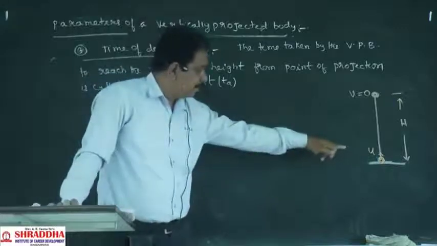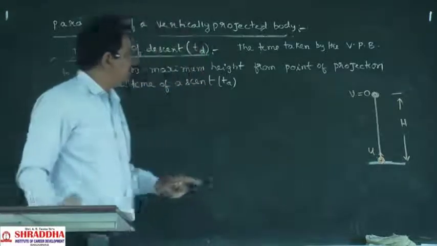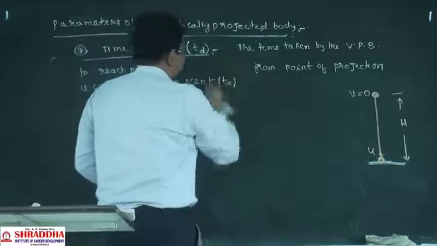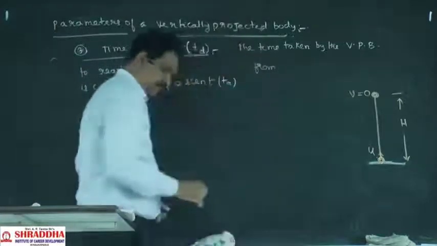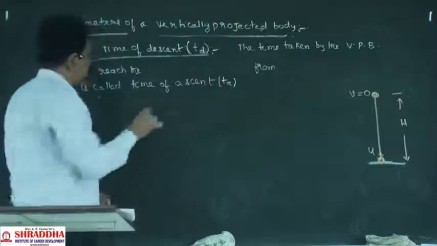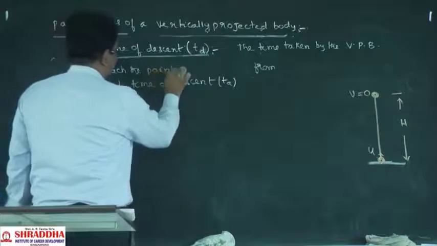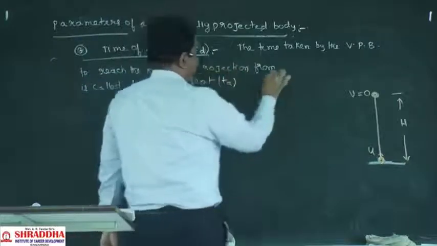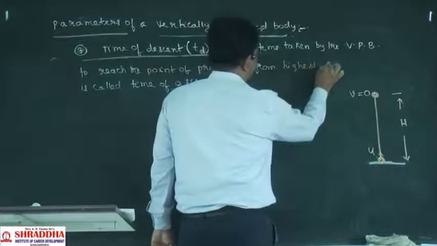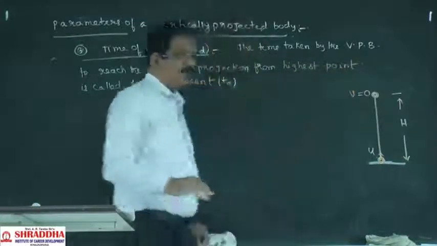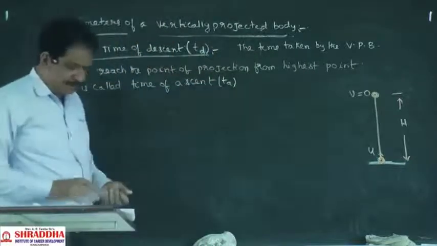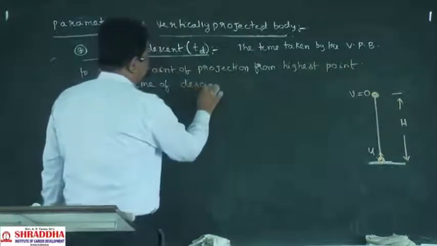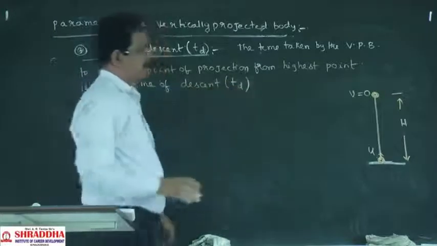The time taken by the vertically projected body to reach the point of projection from the highest point is called the time of descent. This will be indicated by the letter TD.